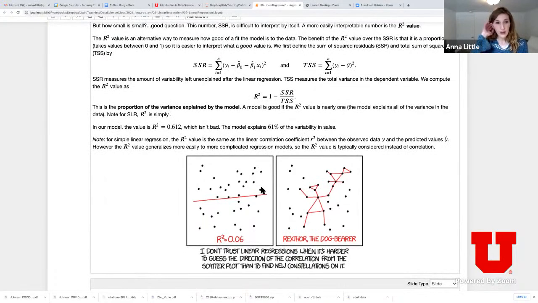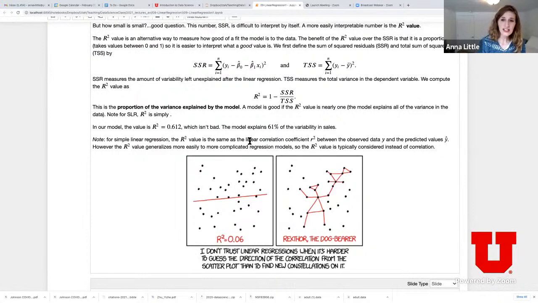You may remember back when we were talking about statistics in the beginning of the course, we talked about the correlation coefficient, which we wrote as a little r squared. It turns out for simple linear regression, this capital R squared and this little r squared are exactly the same thing. For simple linear regression, we're simply computing the linear correlation coefficient between the y's and the predicted y hats.